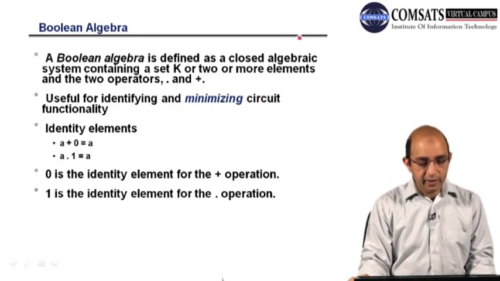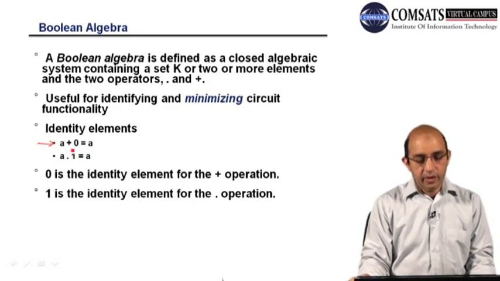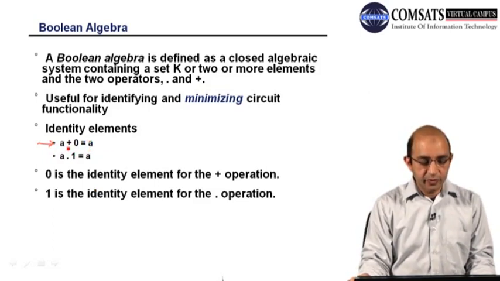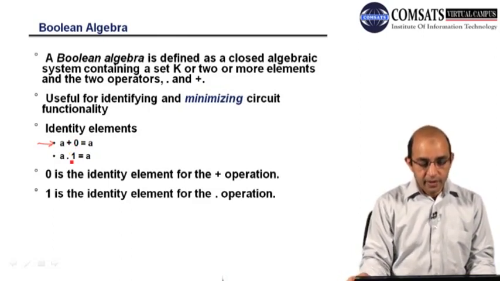If you look at this, A plus 0, we will get the same whenever we perform the OR operation, and we are talking about the identity element. Then we have A dot 1 is equal to A, because we are getting the same result, right?